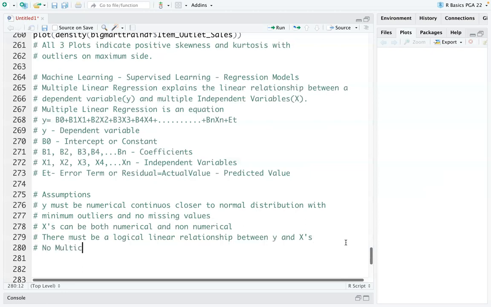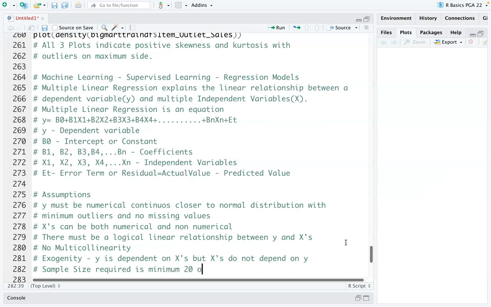No multicollinearity. Exogeneity, where y is dependent on x's, but x's do not depend on y. Sample size required is minimum 20 observations per variable.